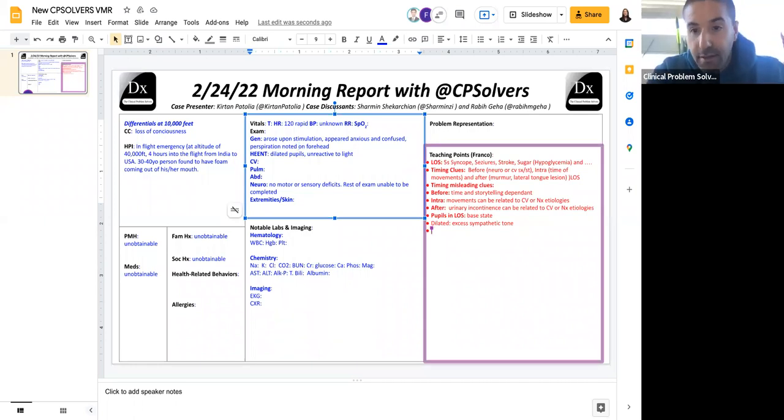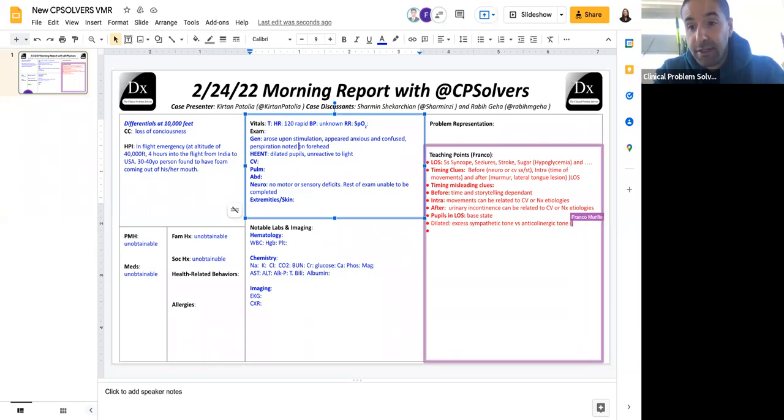That often is because of excess sympathetic activity, but you have to stop and wonder, could this be because of excessive anticholinergic activity? Before you go down too much sympathetic tone, ask yourself, could this be too much anticholinergic tone? The support for anticholinergic tone comes from the fact that the pupils are unreactive to light.